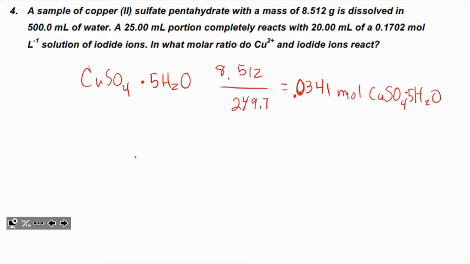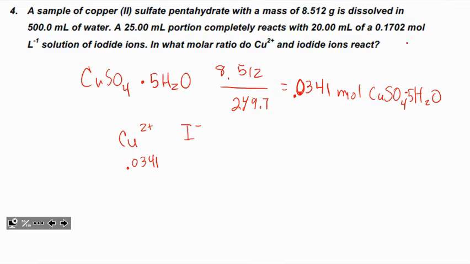And my iodine, so I have my copper here. Because this is in a 1-to-1 ratio, that means that I'm going to have the same number of copper ions here. So my copper 2 ions, I'm going to have 0.0341 moles of that.